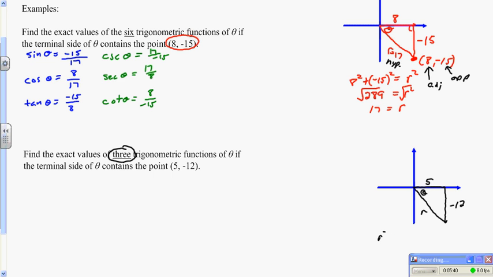So r squared equals 5 squared plus negative 12 squared, and r squared will equal 169. The root of that will be 13.